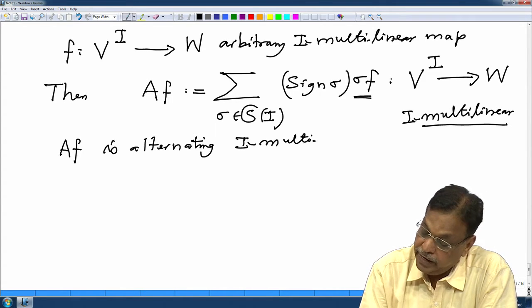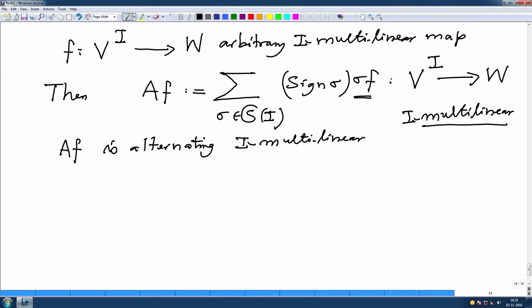So I should check that if I take a tuple whose two coordinates at different positions are equal, then the value of Af on that tuple is 0.